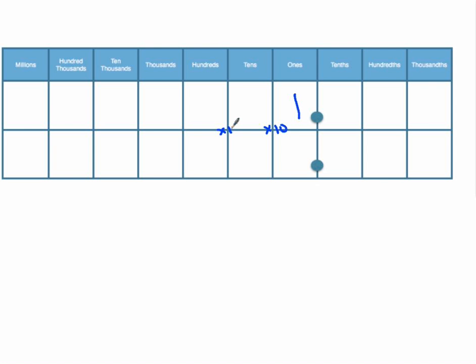Times 10. Where do you think I'm going to stop? What place will I be stopping in if I want to find out how many times I have to multiply to get to 1,000?